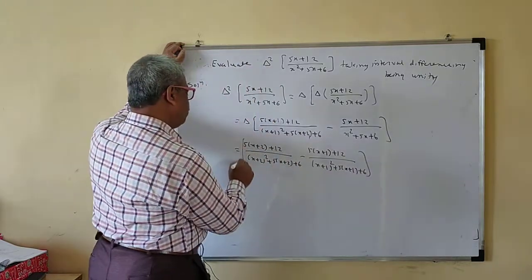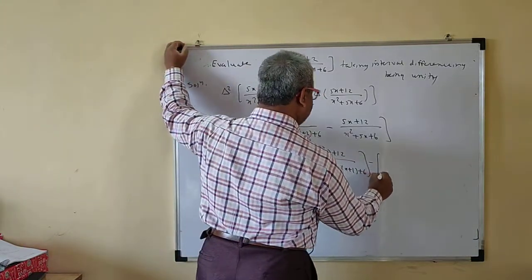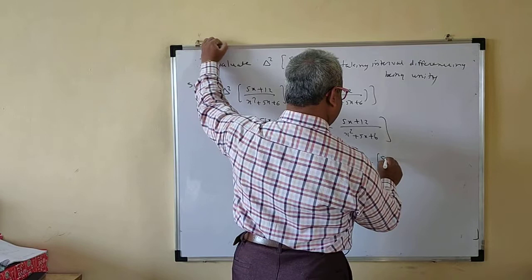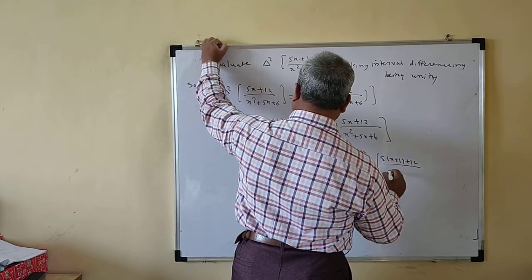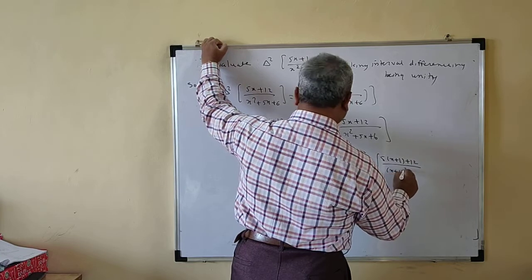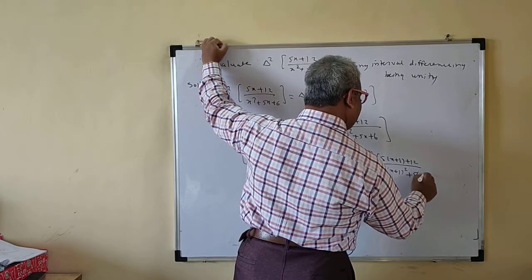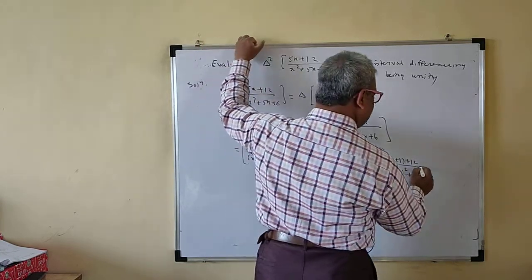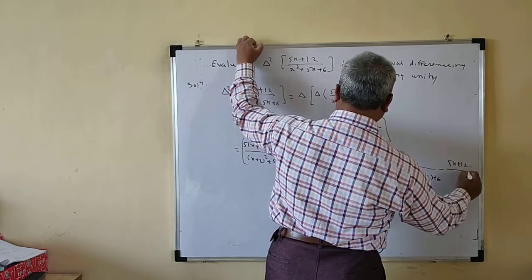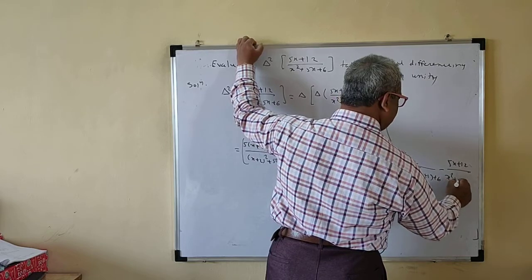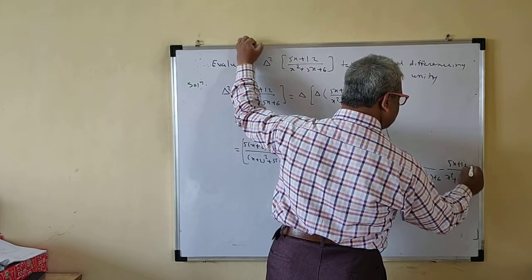Minus this will be as it is now: 5x plus 1 plus 12 upon (x plus 1) square plus 5x plus 1 plus 6 minus 5x plus 12 upon x square plus 5x plus 6.